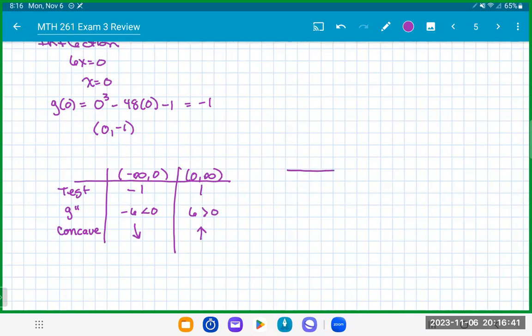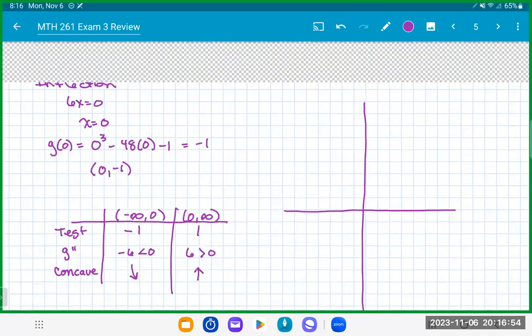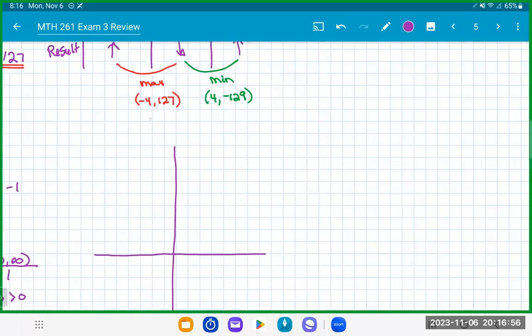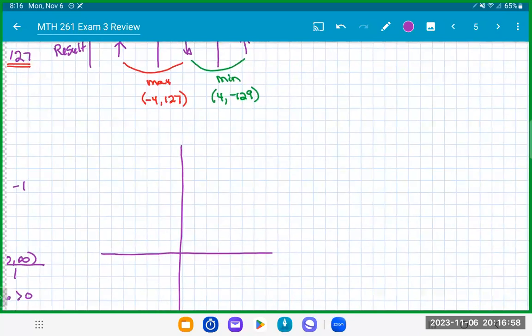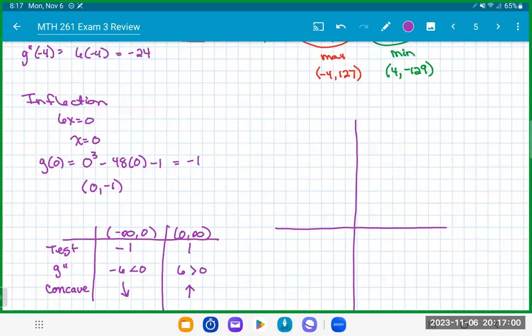Okay. So here's a good example of not being able to use strictly the same scale on both axes, right? Because we need to graph -4 and 127. So let's just call this 125.